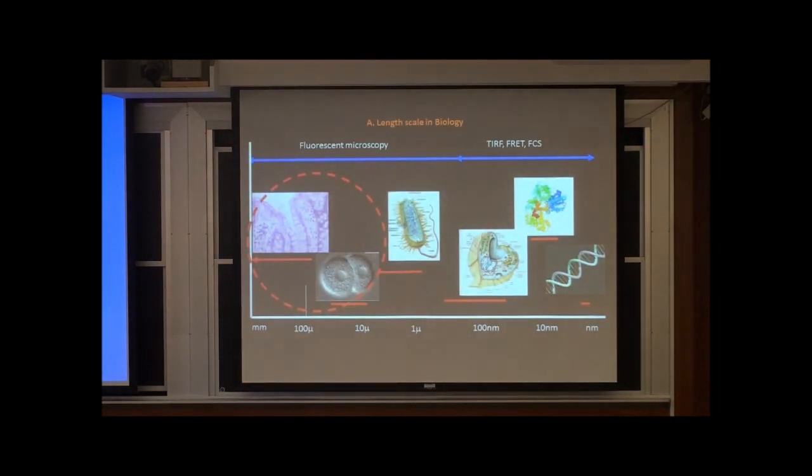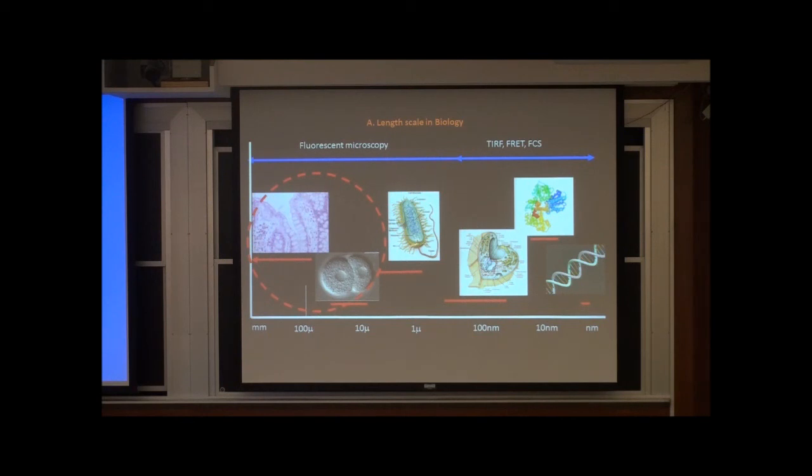To see the length scale in biology, we want to see the tissue, so we need millimeter or larger areas, but we want to see it at single cell resolution. Only then can you do quantitative biology like cell shape, size, and localization.